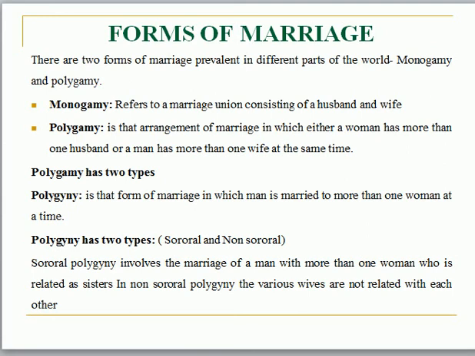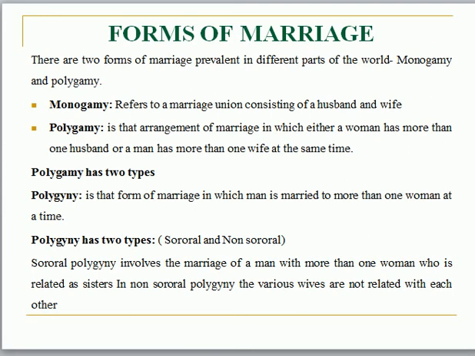Most marriage in the world is monogamous. If you look at the percentage, most people get married only once, while those who marry twice, or have four wives or two wives at the same time, are not the majority but the minority. That is why most marriage taking place around the world is monogamous.